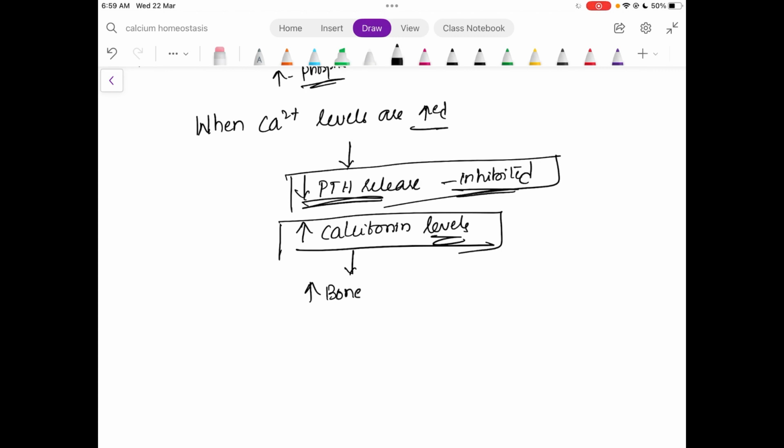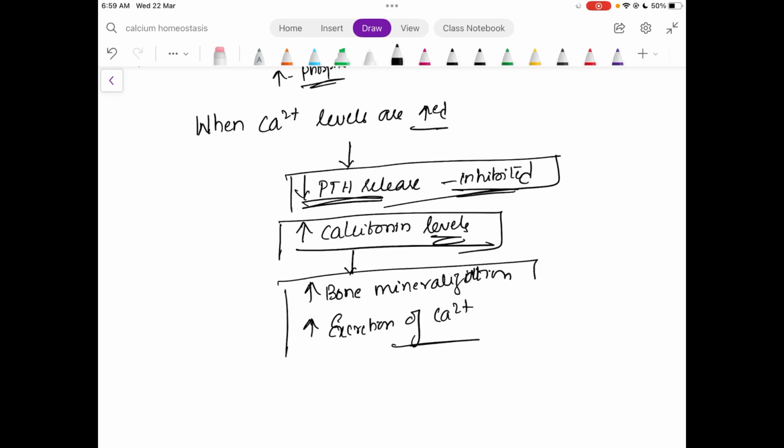This calcitonin increases bone mineralization and increases excretion of calcium. This is how calcium levels are maintained in the body with the help of these three hormones. So this ends the calcium homeostasis. Thank you.